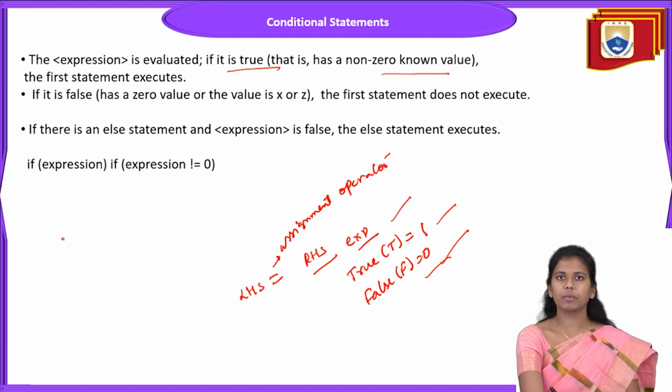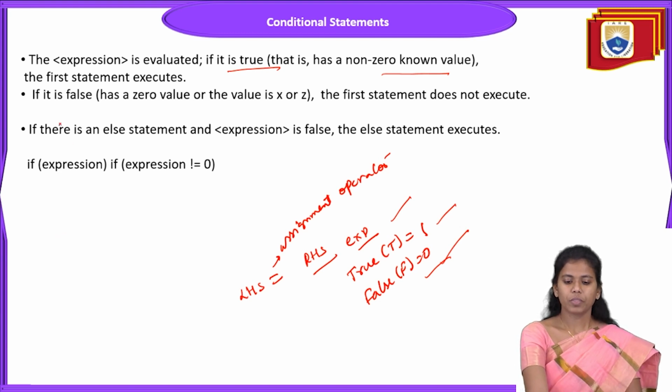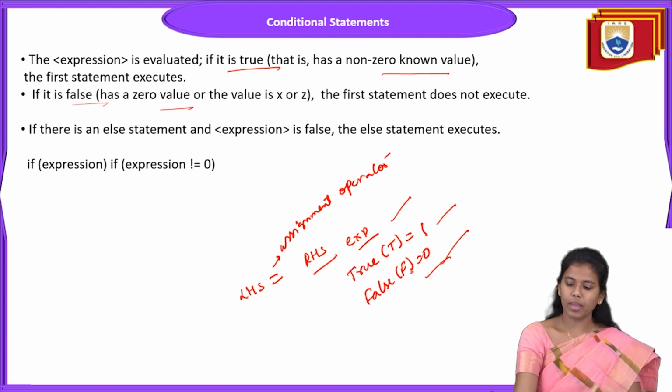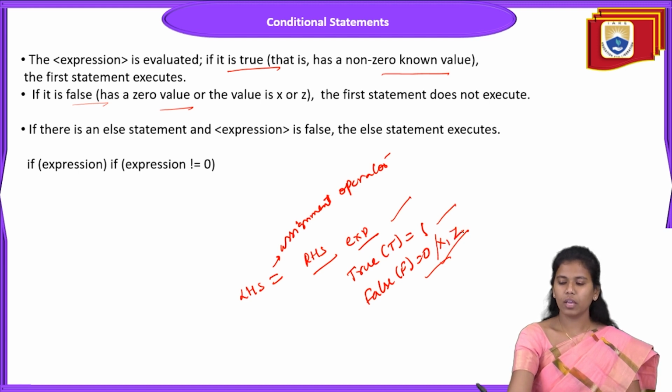And the first statement executes if it is true; if it is false, the statement has a 0 value, or the value x or z. The false statement will have 0 or the value x or z.